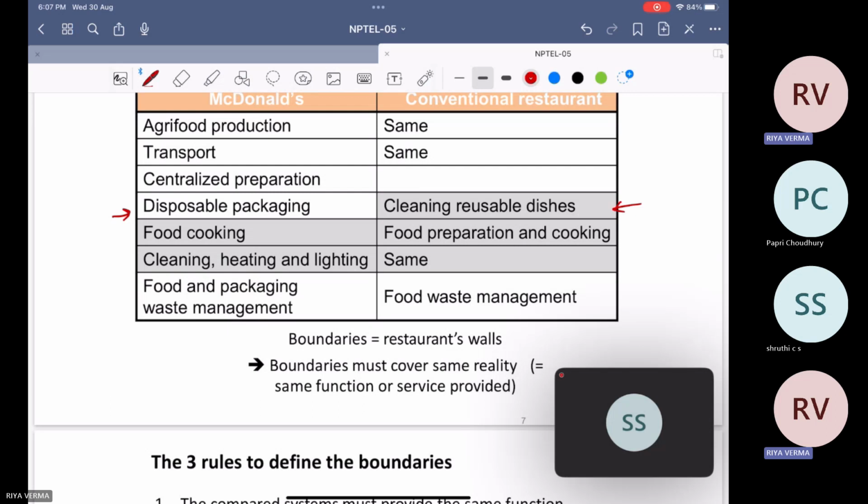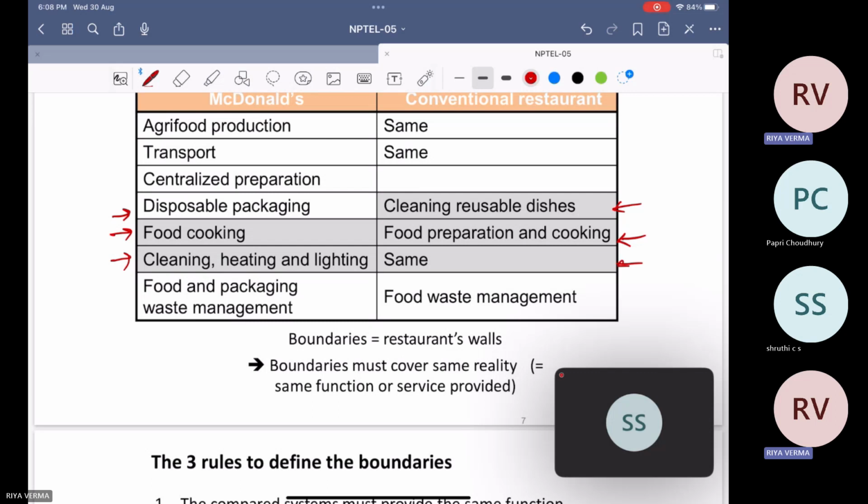McDonald's only includes the cooking of the food, whereas in conventional restaurants both food preparation and cooking are involved. Then the energy is used in cleaning, heating, and lighting of the restaurant, and the same is true for the conventional restaurant.